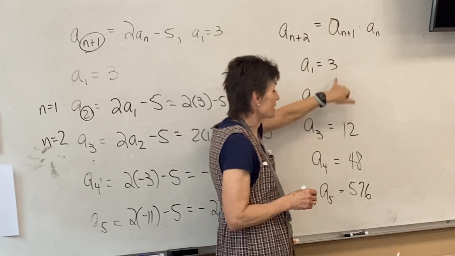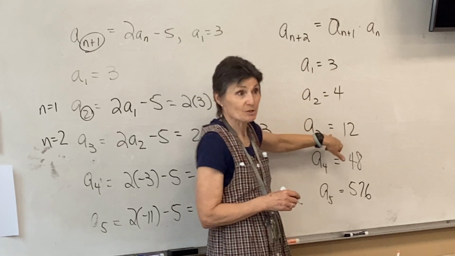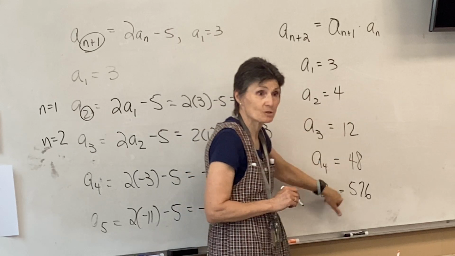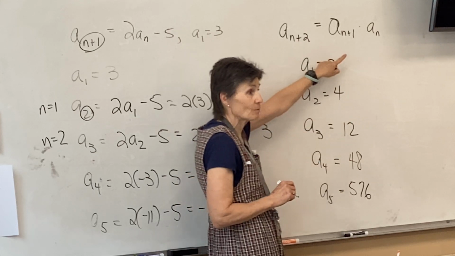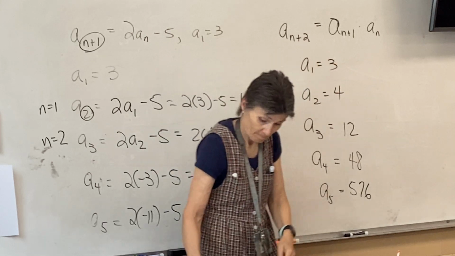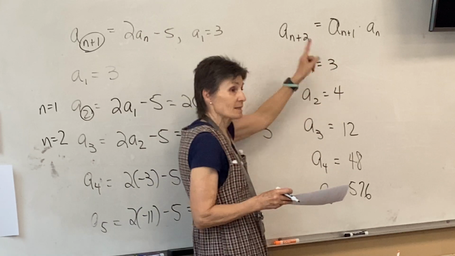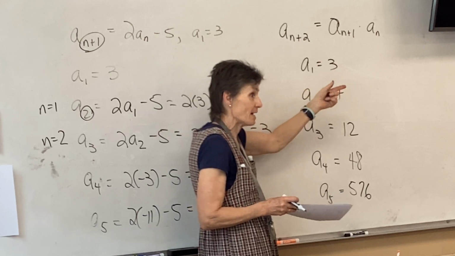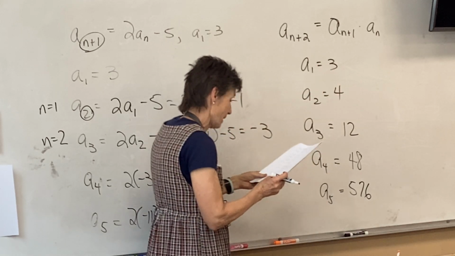So here are 2 consecutive terms. So the next term will be those 2 times each other. And then these 2 times each other, and these 2 times each other. That's that pattern right there. That, by the way, is like Fibonacci, only instead of adding, this one is multiplying.